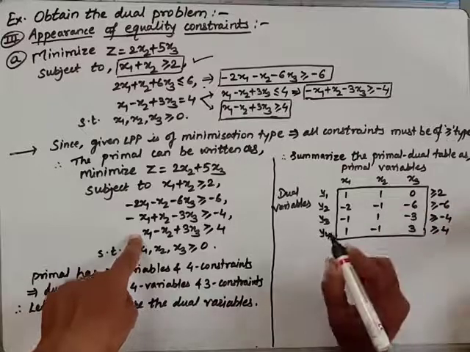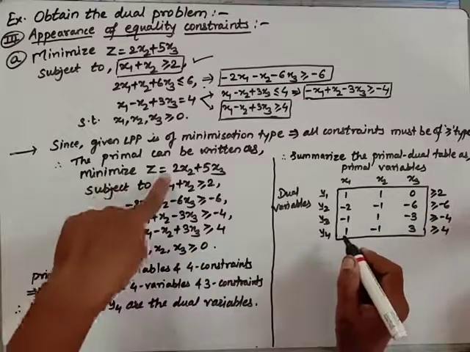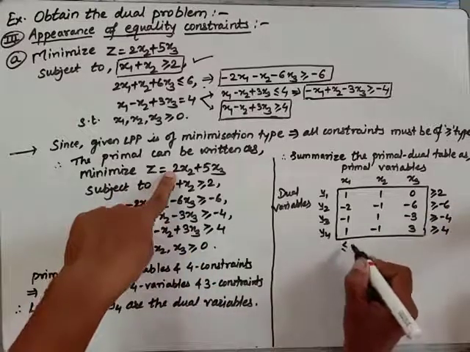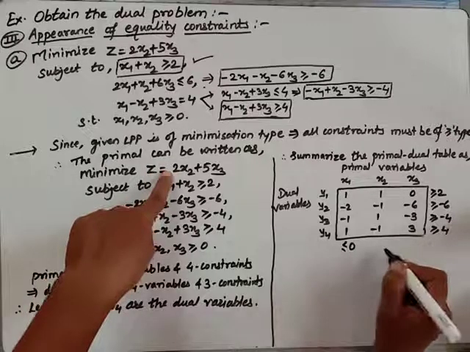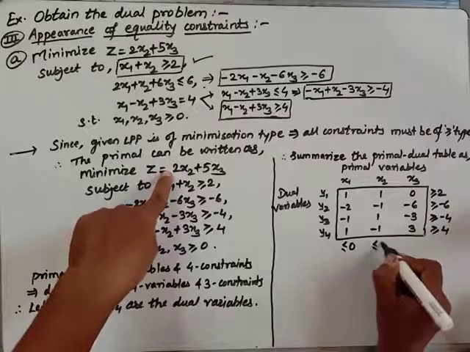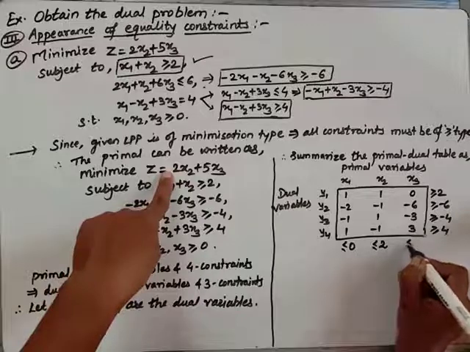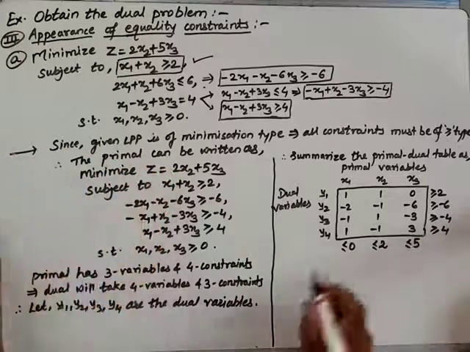So in the dual these become less equal type. Less equal, x1 is absent so its coefficient is 0. Less equal, x2 is 2. Less equal, this is 5.